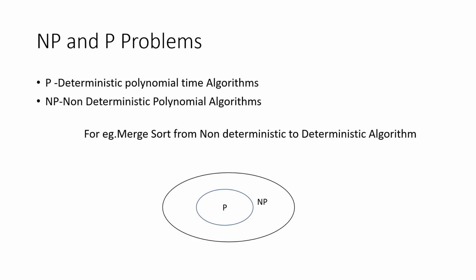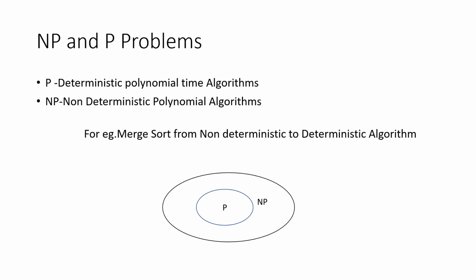They had written an abstract procedure for merge sort, which was assumed to run in polynomial time but was not actually running in polynomial time. Merge sort was explored by researchers and changed from a non-deterministic algorithm to a deterministic algorithm. Deterministic algorithm means we know the procedure which runs in polynomial time, and we know the details of that procedure as well.